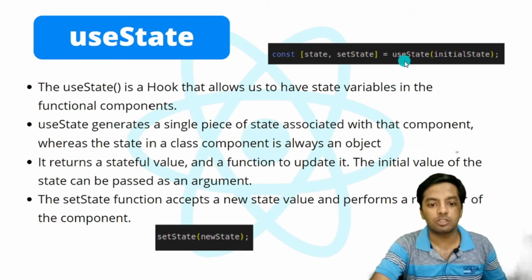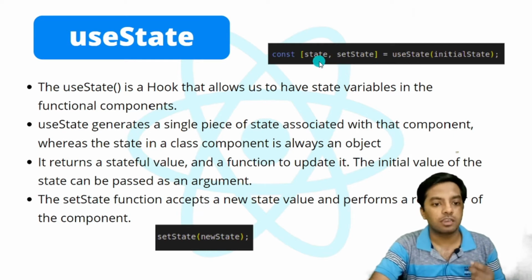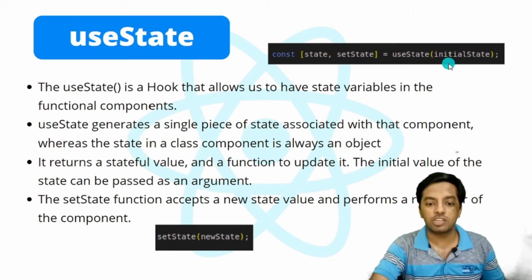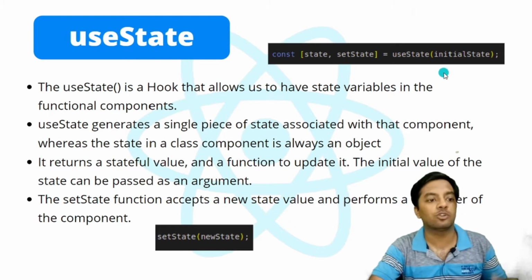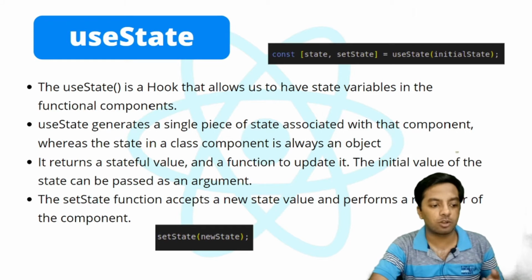Here we can see that the useState hook returns us an array. What are the values in the array? The first value is the value of the state, the name, and the second is the function to update that. And optionally we can pass the initial value of the state inside the useState hook. The setState function accepts a new state value and performs a re-render of the component.